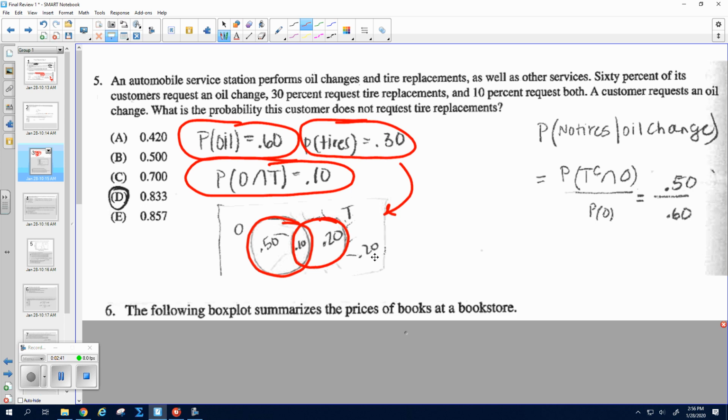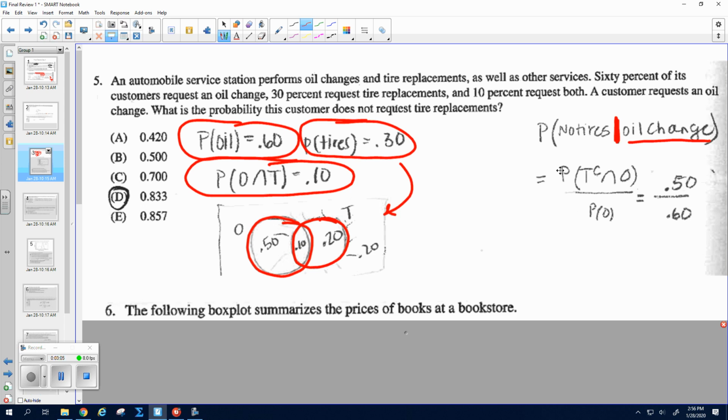All right. So then it says a customer requests an oil change. What's the probability they do not request tire replacements? So this is the given part. If you guys remember, when you do these given statements, that's what this stands for, given. This is what you're finding the probability of: not buying tires, given that they got an oil change. So the formula is on your yellow sheet.